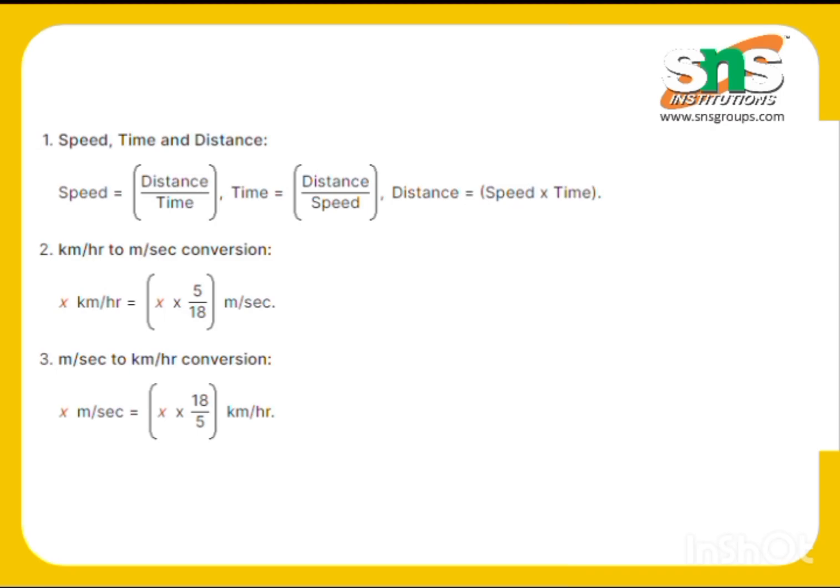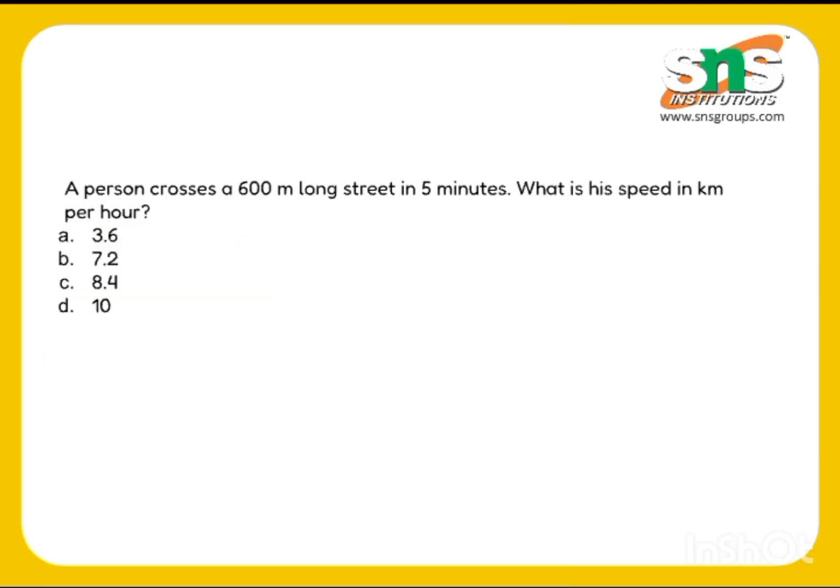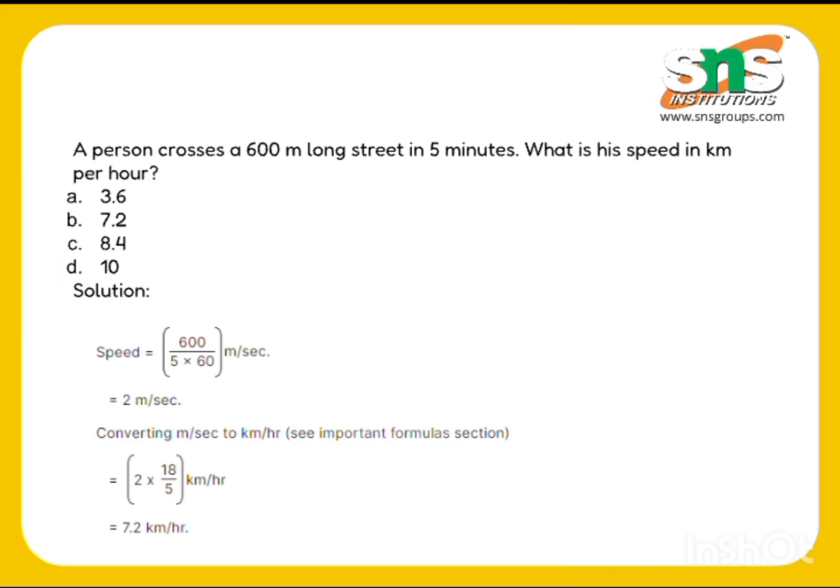Now we are supposed to convert it to kilometer per hour, so we multiply it by 18 by 5. You will get 7.2 kilometer per hour. This is how the conversion goes. Stay tuned to understand more types of problems on speed, distance, time and conversions. Thank you.